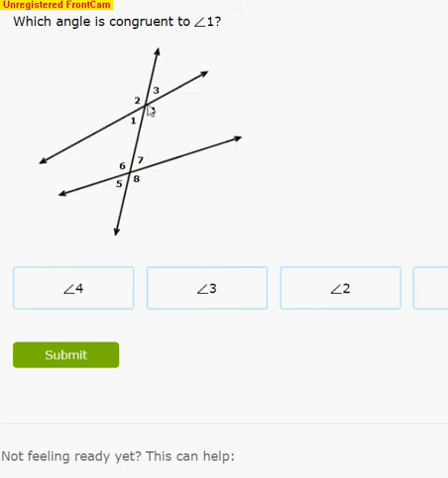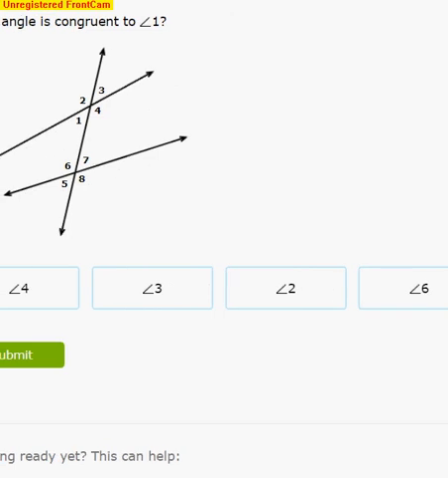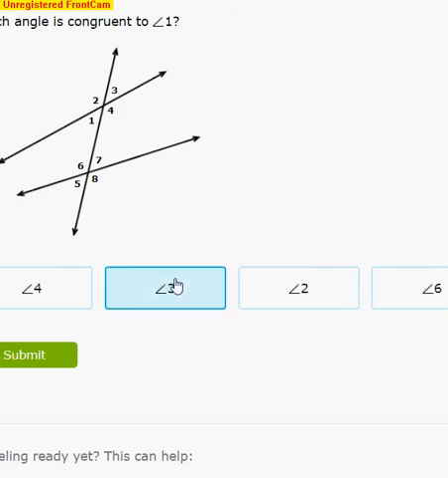So opposite angles are equal. So 1 and 3 would be congruent, because 1 is on the opposite side when two lines meet. Same for 2 and 4. 2 and 4 are also congruent by the definition of opposite angles. So in this question right here, our only answer choice will be angle 3.